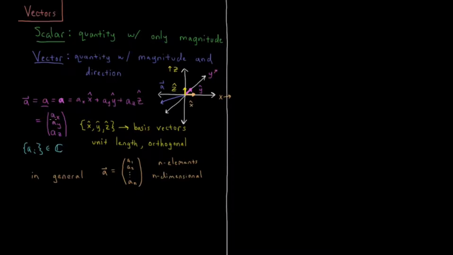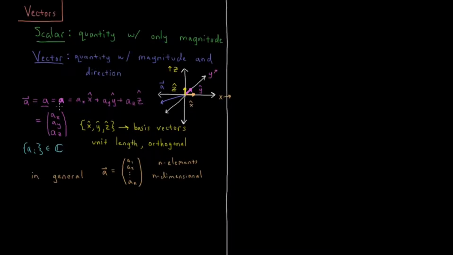Now we're used to these components being some real number, anything from negative infinity to infinity, but in general they can be complex as well, so they could have some imaginary component. We're not as familiar with that, but it becomes very useful to us in quantum mechanics to be able to represent vectors that are complex in an arbitrary number of dimensions.